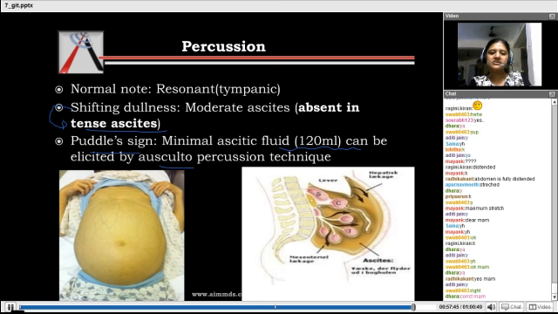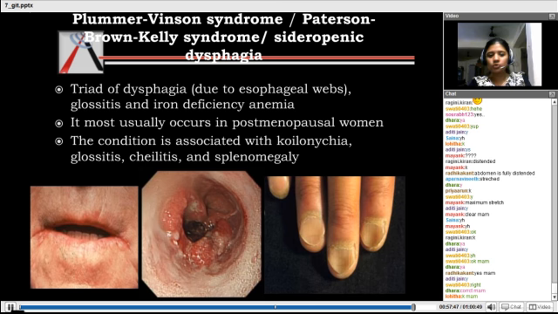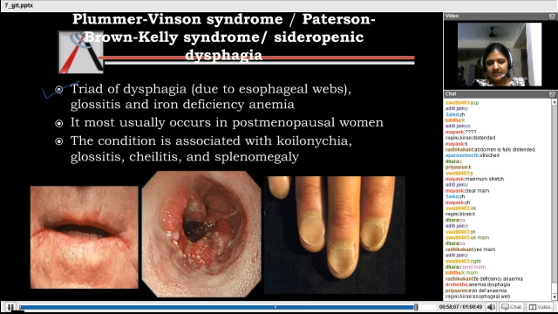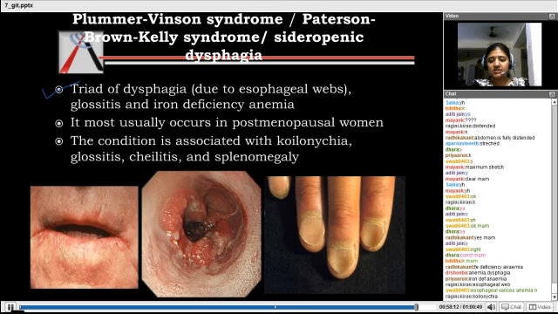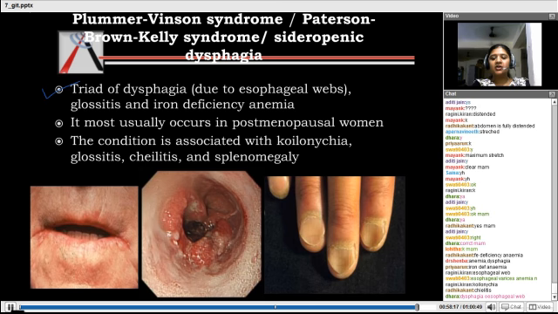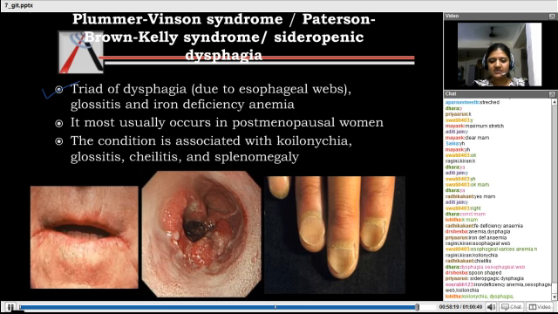Now, Plummer-Vinson syndrome. I should be asking you questions. Triad. What is the triad of Plummer-Vinson syndrome? I will not be telling. I'll just sit back and wait for answers from you. You have to tell me what you see in Plummer-Vinson syndrome. The diagrams itself are enough to tell you what you see. Yes, it is because of iron deficiency anemia. Very good. What are the triad features? You see esophageal web, varices, correct, koilonychia. Koilonychia is nothing but spoon-shaped nails, which is what you see over here.